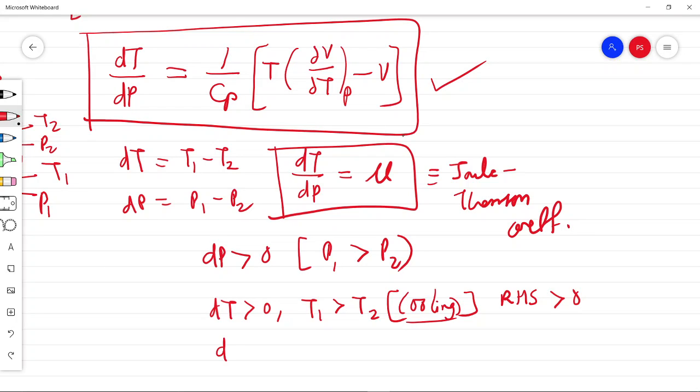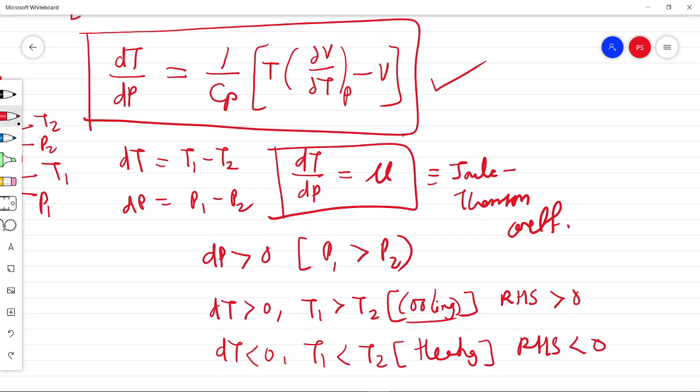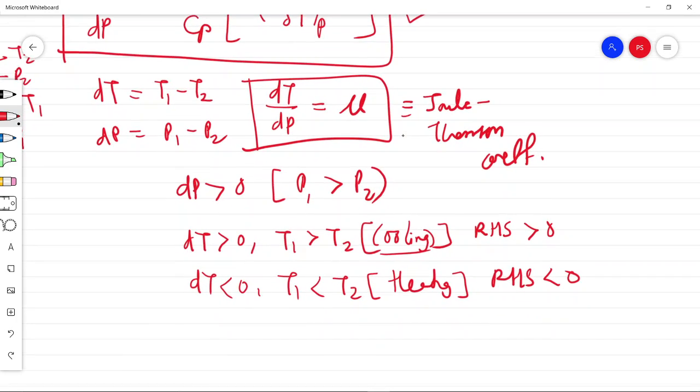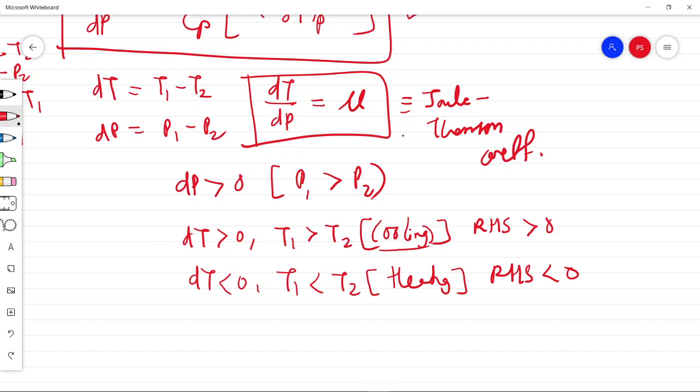If dT is less than 0, that is T1 is less than T2, we observe heating, and the right hand side is going to be less than 0. Similarly, for the inversion temperature, which corresponds to no change in temperature, or T1 same as T2, the right hand side is equal to 0.